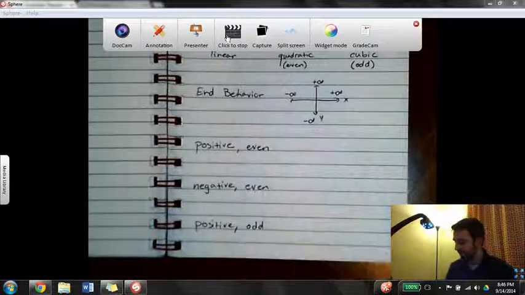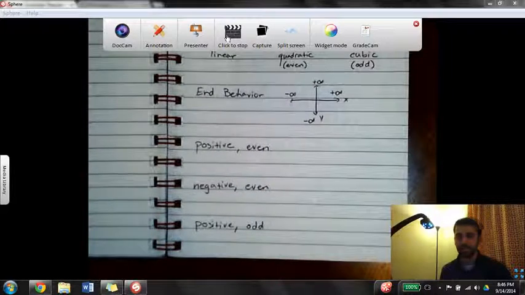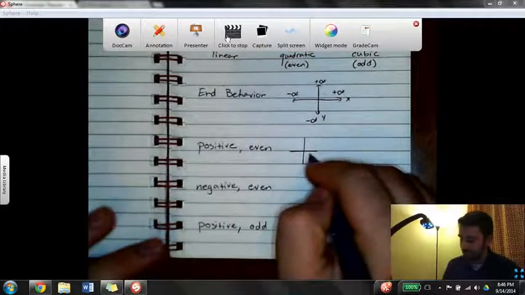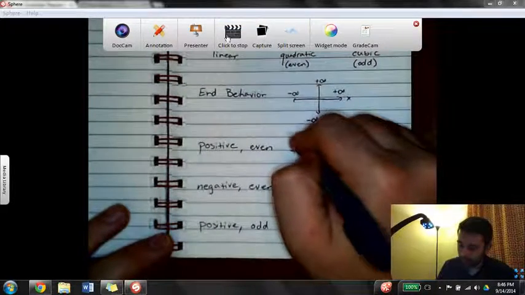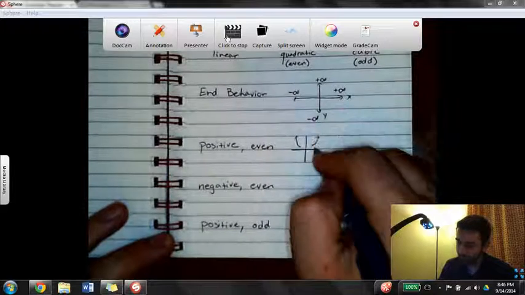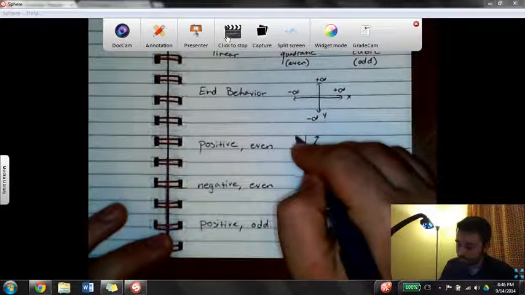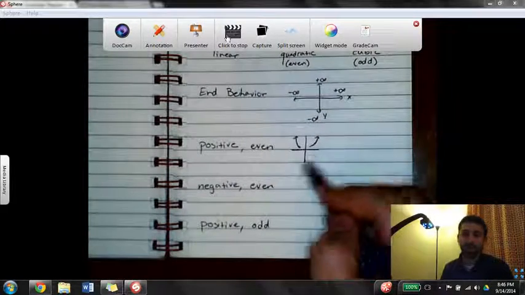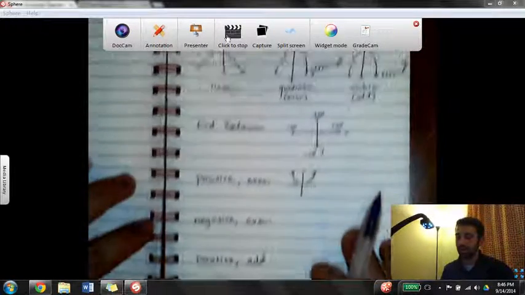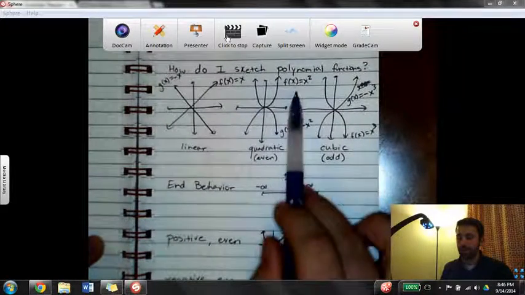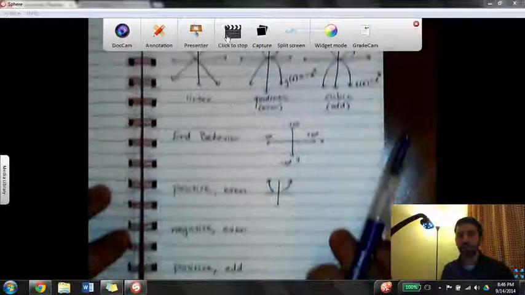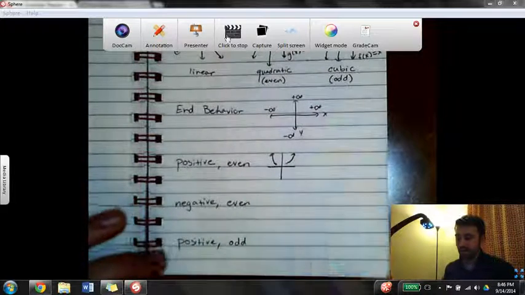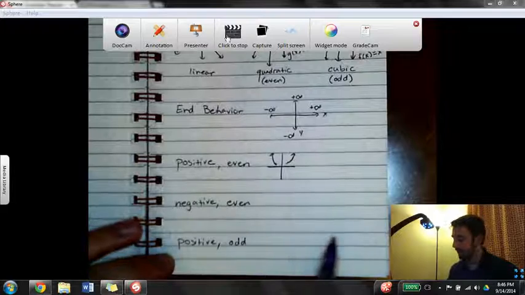So when you have a positive even function, first off, a positive even function would be above the x-axis, and would open up. Much like our parabola was an even function, any other type of even function will be in the same direction, and since it's positive, it's opening up.